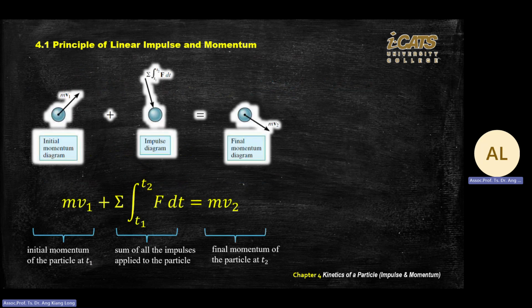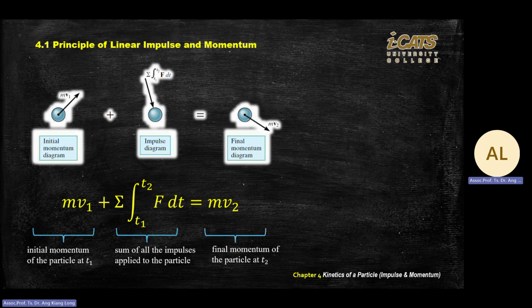If you want a graphical illustration, this is what happens. This is a particle moving in one direction with a mass, then something is input to the object, and then you have the final direction of the velocity and momentum vector.